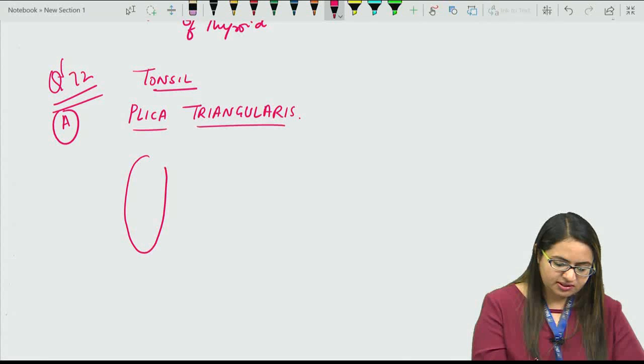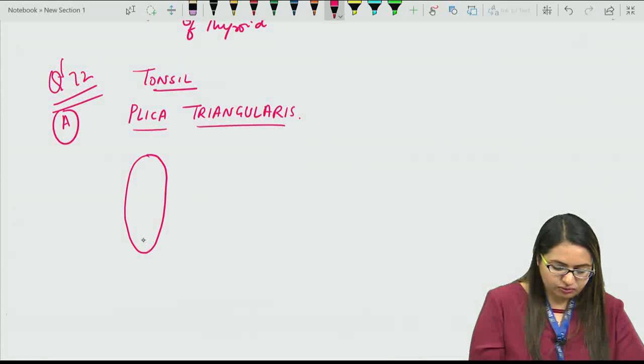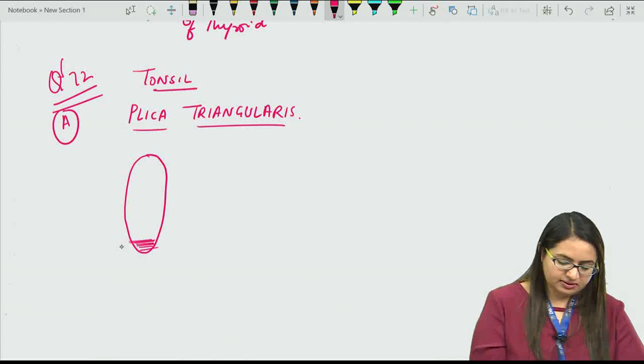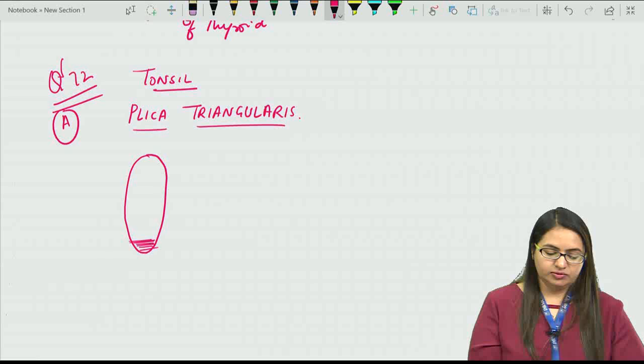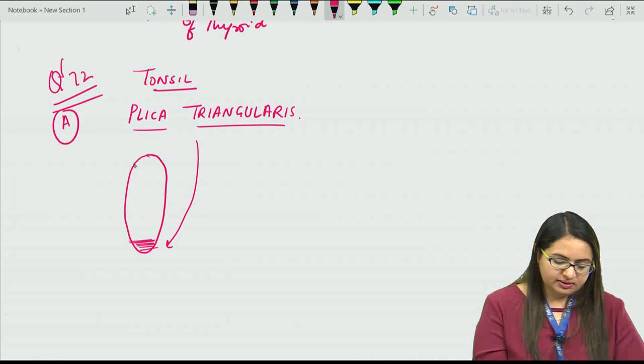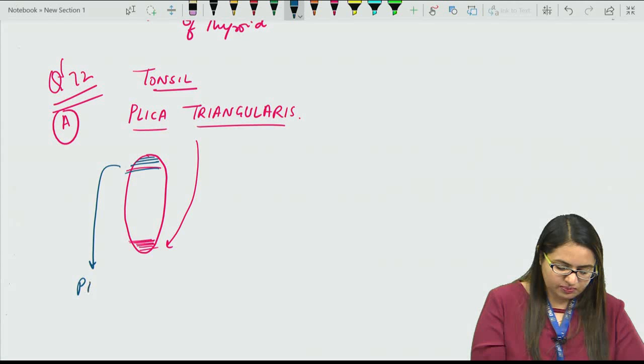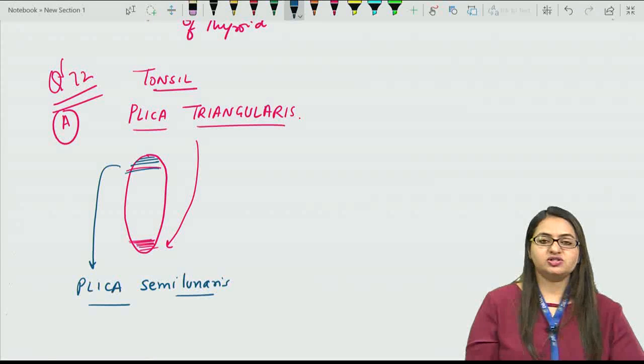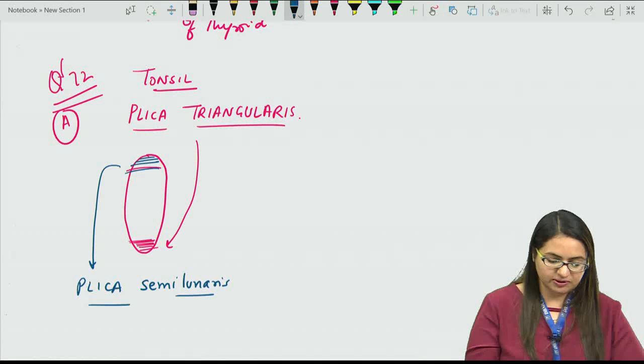If we see the tonsil, it is an almond shaped structure and towards the anterior inferior part, towards almost over here, it is covered by a mucosa which is termed as plica triangularis. Then towards the upper portion over here, there is another fold which is termed as plica semilunaris. This mucosal fold is actually covering the upper portion of the tonsillar fossa.